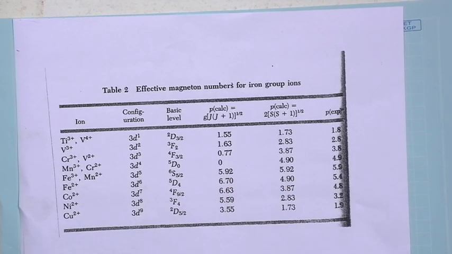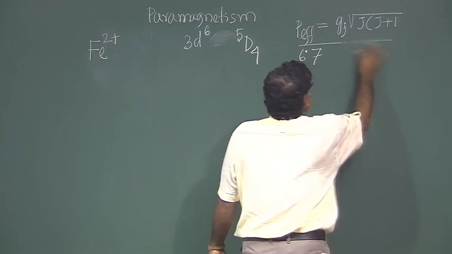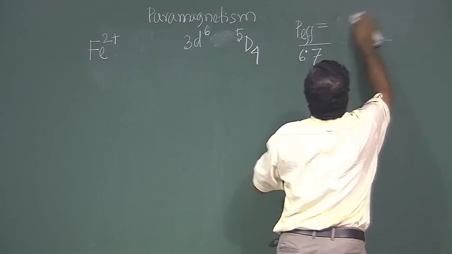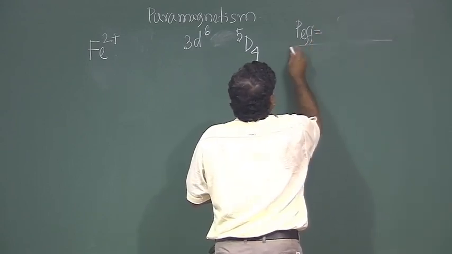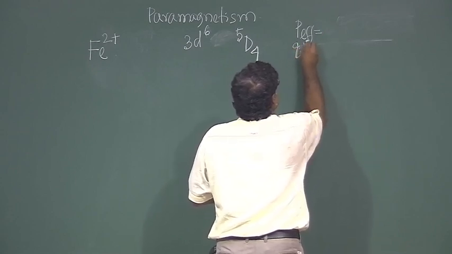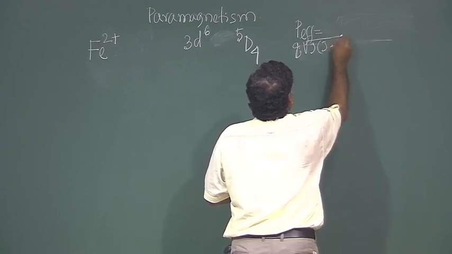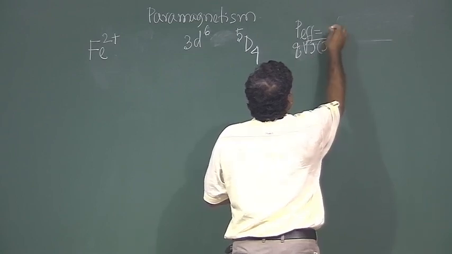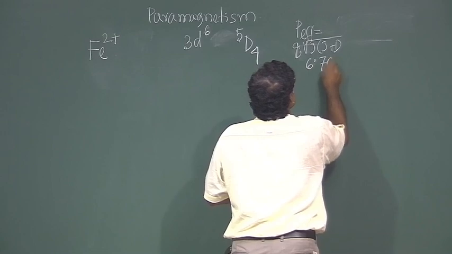And if we consider P effective, I will write P effective equal to gJ square root of J plus 1. So this value I am getting is 6.70.